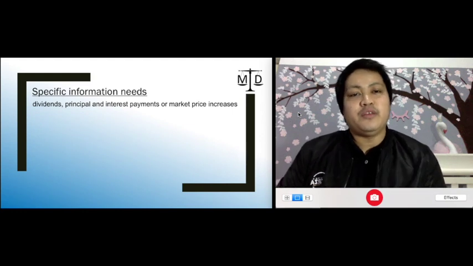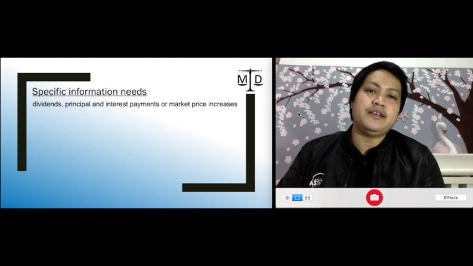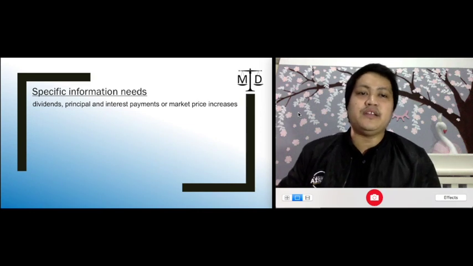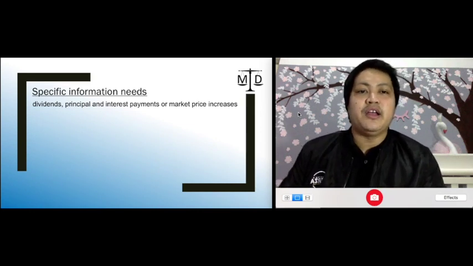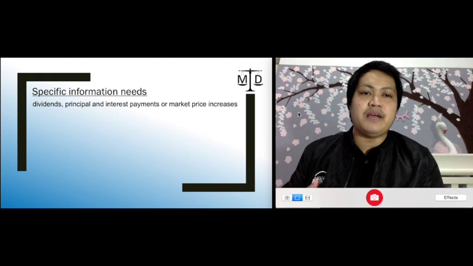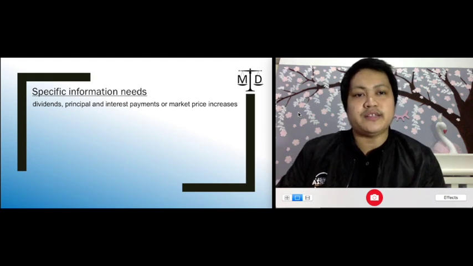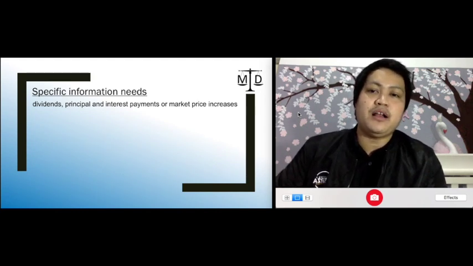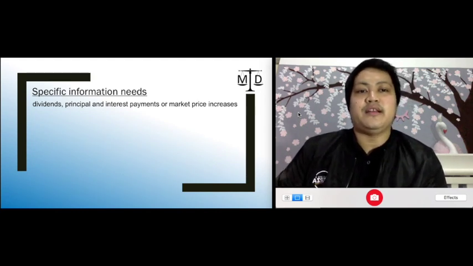So the way that financial statement users utilize the information provided by the financial statements may be different, but definitely the process in arriving at a decision would be similar. If I am not interested in becoming a shareholder, if I'm interested only in extending a loan, then definitely I need information on the ability of the entity to pay back the principal and the interest.